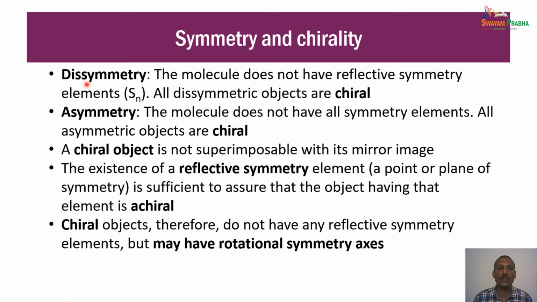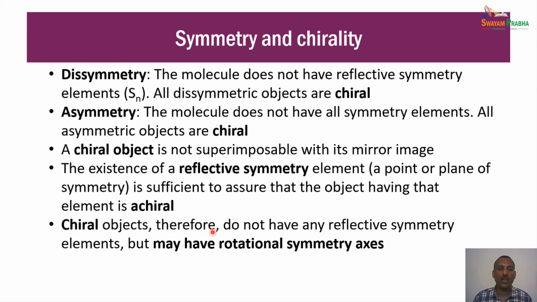So when there is dissymmetry or asymmetry, the molecule is said to be chiral. Basically, when a chiral object is not superimposable with its mirror image, in other words, these are enantiomers, then the molecule is said to be chiral. The existence of reflective symmetry, that means an Sn axis, is sufficient to make sure that the molecule is achiral. So if there is one single Sn axis in that molecule, then the molecule is said to be achiral.